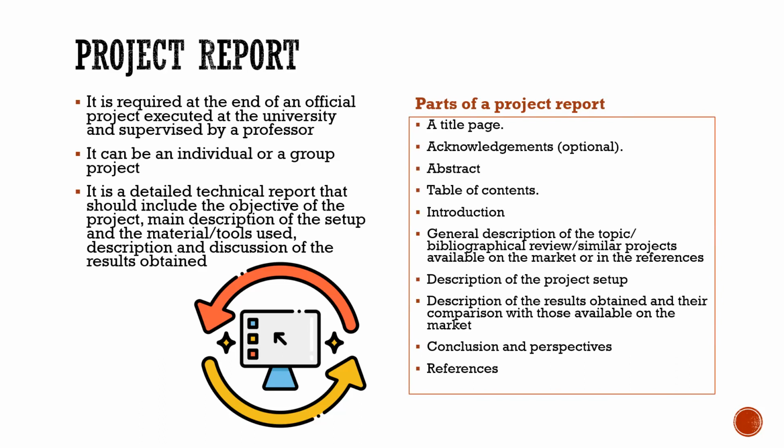After that, the results that you have obtained, their comparison with those that are available on the market, to go into the conclusion and perspectives. And of course, then you have to put the references of anything that you have found in the bibliography or personal contact or references that you have from the company that you are working with, if you are working with a company.